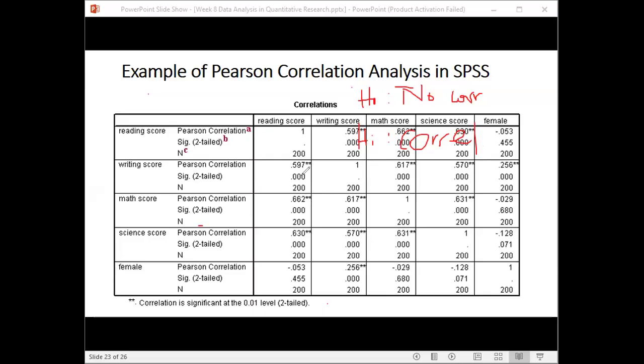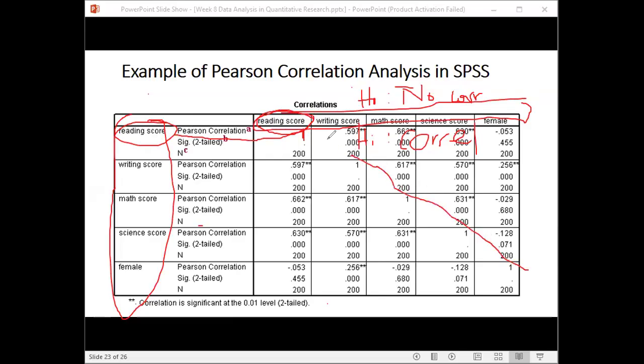And so when this output comes out, what you see is that the variables here are also represented on the top. So it's a row against the column. If I take reading scores here, I'm finding the relationship that exists between itself, which is also reading score. So reading score against reading score. You see that the value I have is 1. You see this diagonal, they are all giving you values of 1, 1, 1, 1.